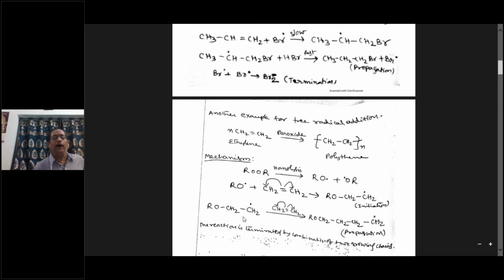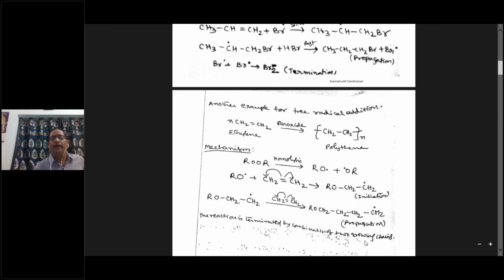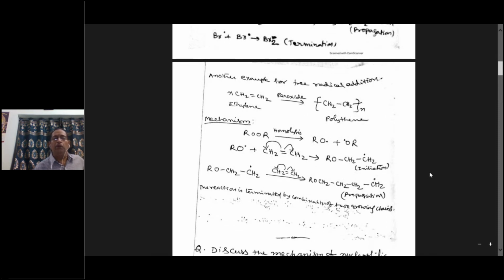And this alkyl radical again reacts with an ethylene molecule and the size of the radical increases. The reaction propagates like this, and the reaction comes to an end by the combination of two growing alkyl chains. This is the mechanism for free radical addition.